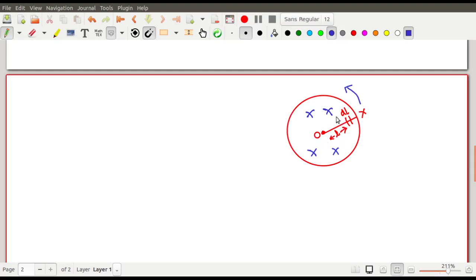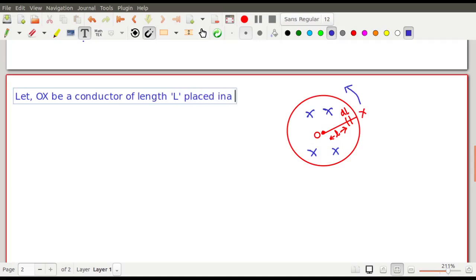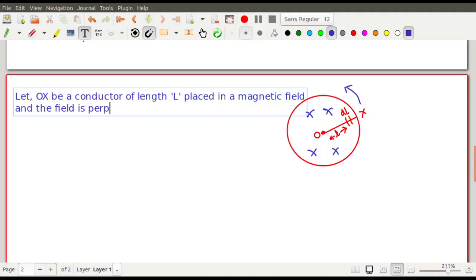Why did I consider this elementary length? That is what I will discuss over here. Let OX be a conductor of length capital L placed in a magnetic field, and the field is perpendicular to the plane of the conductor.